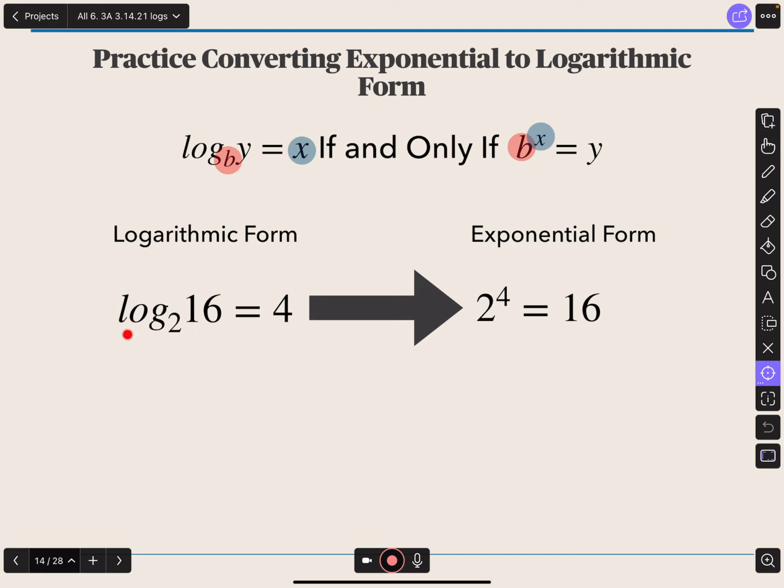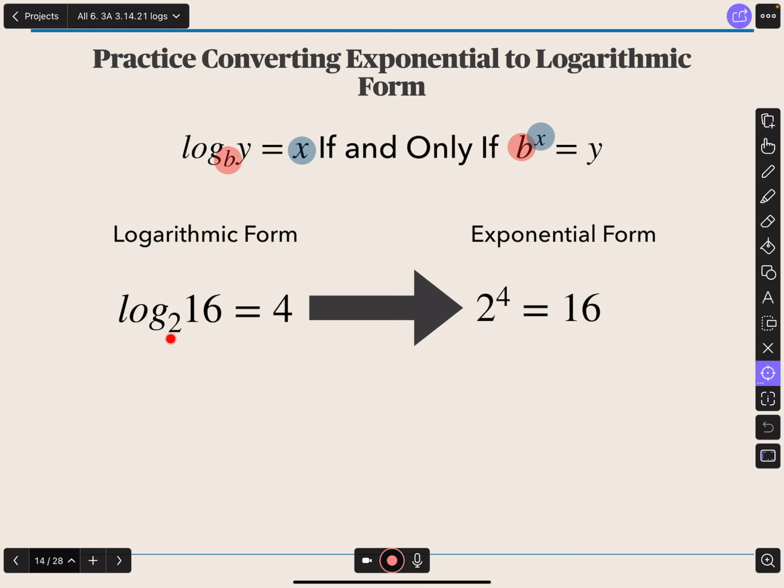This is read, log base 2 of 16 is equal to 4. Now what this means, this is your base. So when your base is 2, remember the logarithm tells us the exponent, so 2 to the 4th power is 16. That's all that says. So log base 2 of 16 is what exponent can go on 2 to give you 16? Well, it's the 4. So 2 to the 4th equals 16.